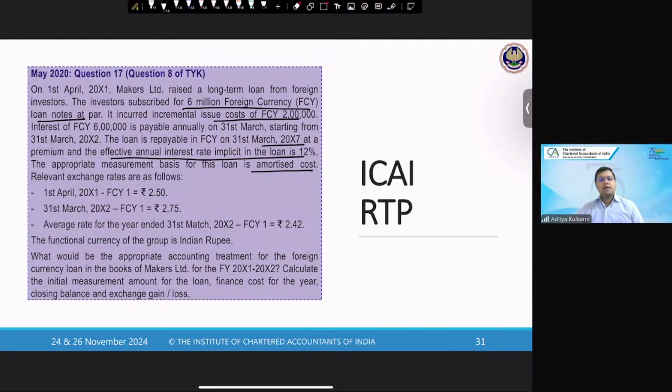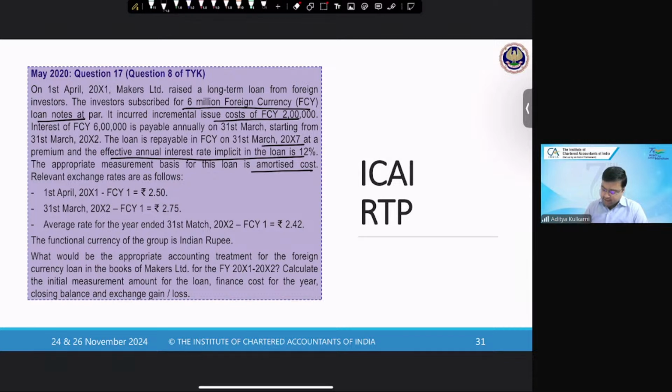Have you heard these terms, amortized cost, effective annual interest rate? Because this is a part of your financial instruments chapter, but somewhere you would have read or heard about it. Okay, fine, no problem. So the appropriate measurement basis is the amortized cost.